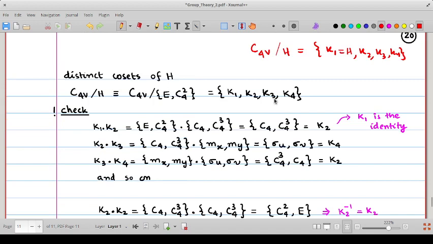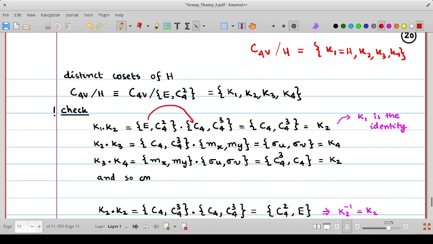For example, we can consider a few of those cases. First, consider K1 dot K2. K1 is E, C4 square. Now K2 is C4, C4 cube. Coset multiplication is obtained by multiplying the elements and keeping only distinct elements.